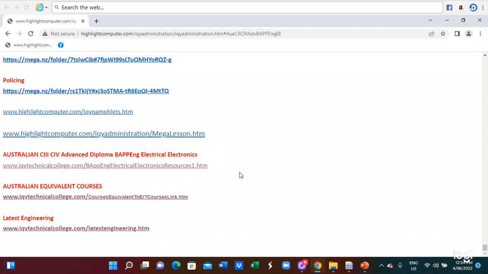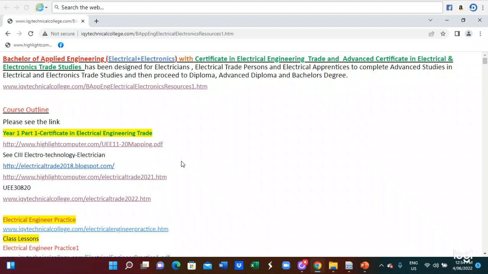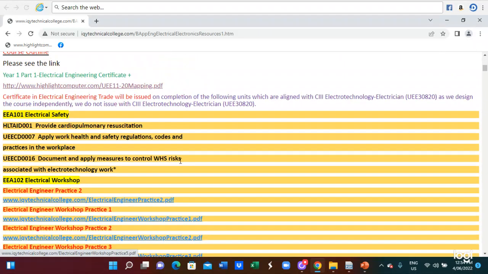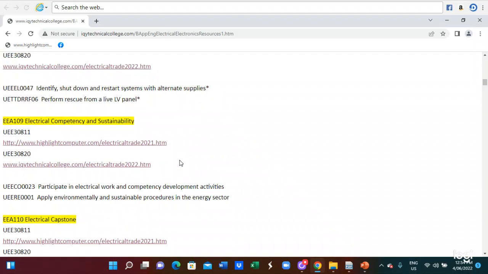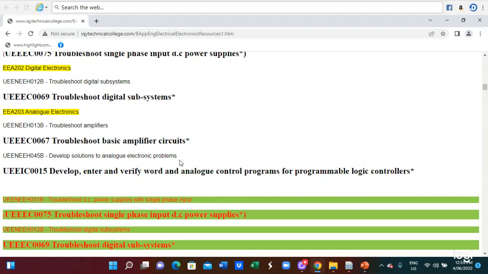The Bachelor of Applied Engineering. So on the IUI College site for Energy Electrical Electronic resources, click this one. And then we have to find the Electrical Diploma 2022. Go through to Electrical Diploma 2022.